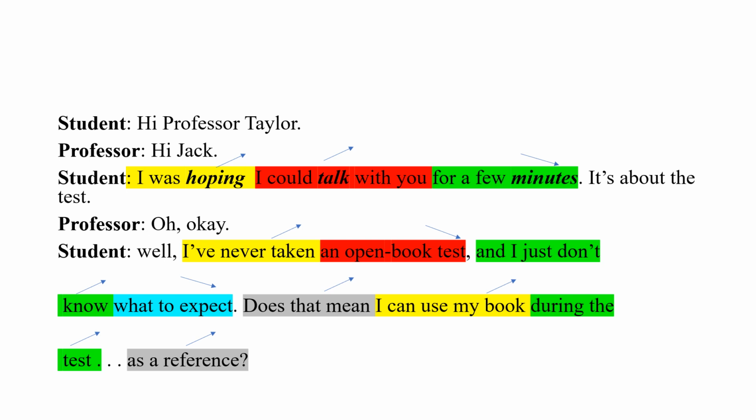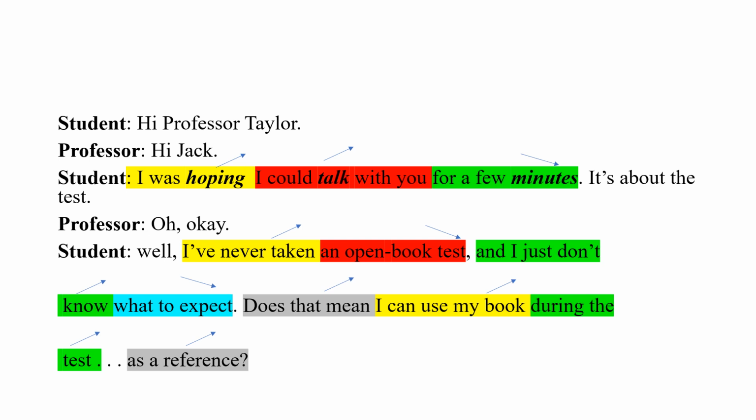Well, so I have provided some different colors over the phrases so that it is easier for us to see how the tone choices are working. The first one, I was hoping, takes rising intonation or rising tone because it is a verb phrase, was hoping.